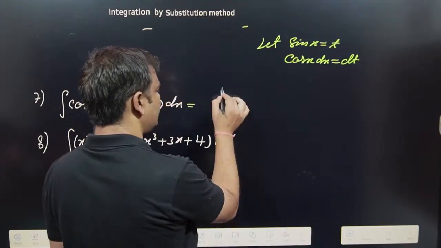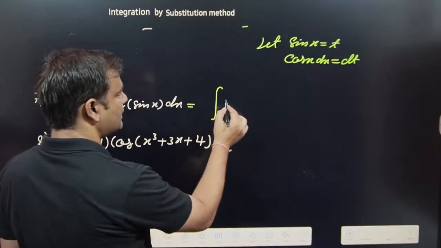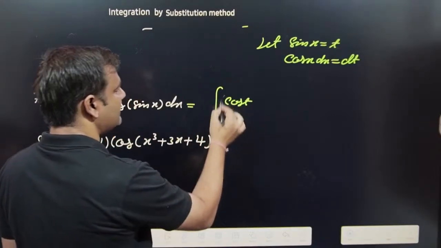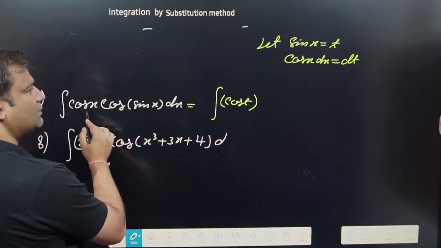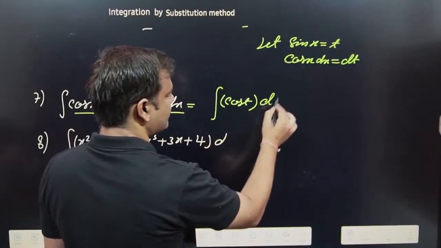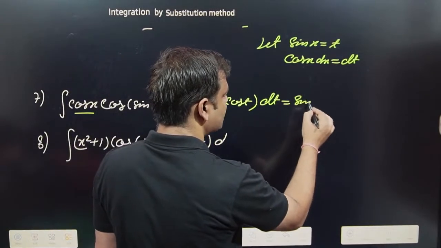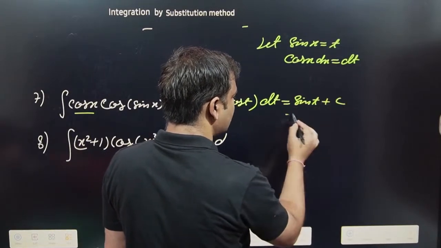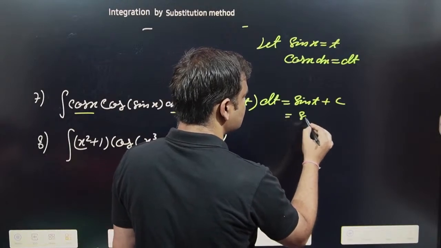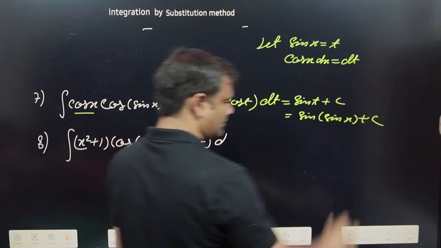After that sin x is replaced to t, so cos t, and cos x dx is replaced to dt. So integration of cos t is simply sin t plus c, and sin t is basically sin of sin x plus c. Okay.